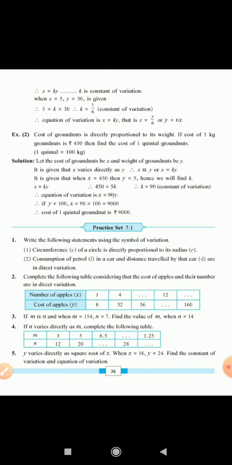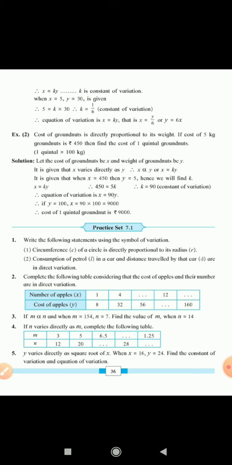When X is equal to 5, Y is equal to 30 is given, therefore 5 is equal to K into 30, therefore K is equal to 1 upon 6, constant of variation. Therefore equation of variation, X is equal to KY, that is X is equal to Y upon 6 or Y is equal to 6X. Now let's go to the second problem.